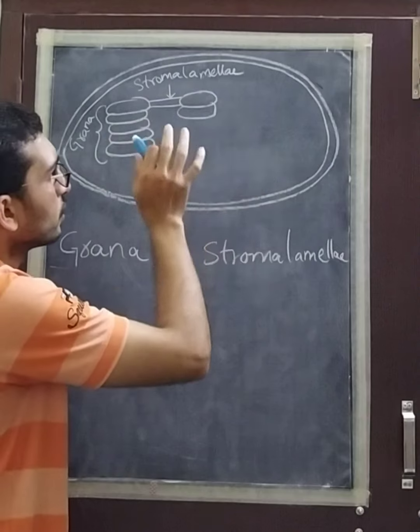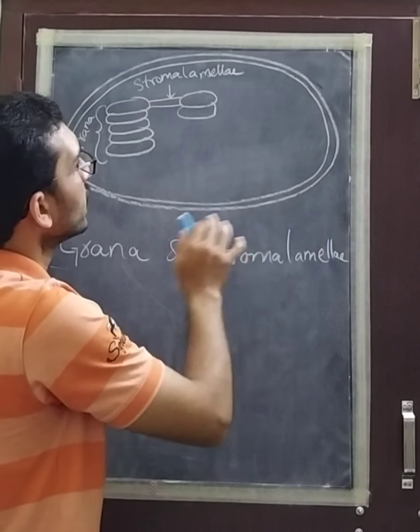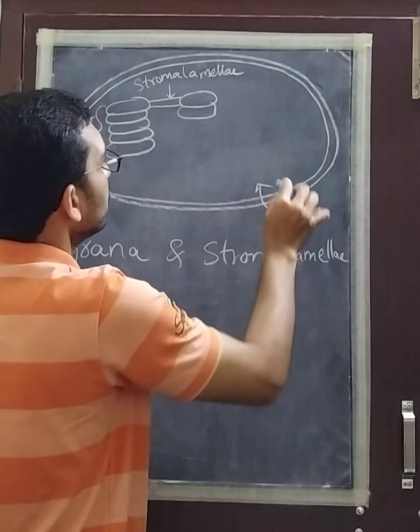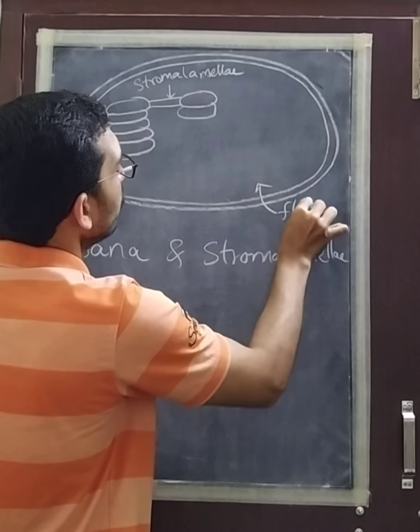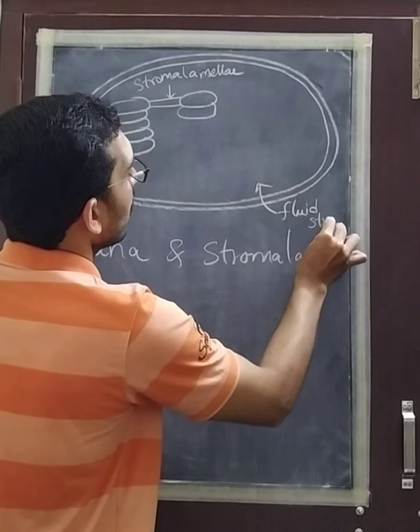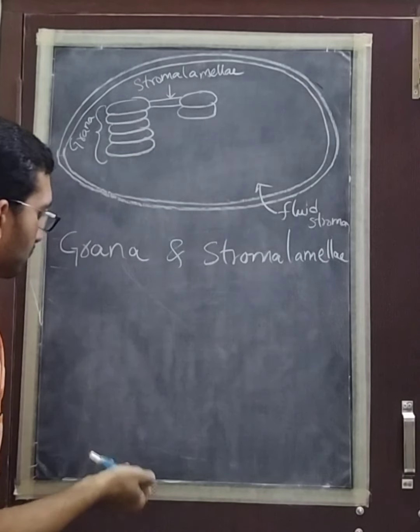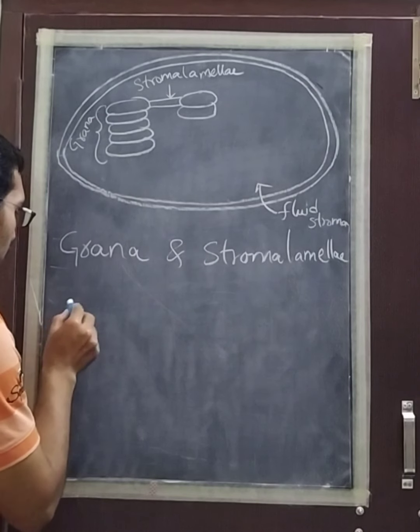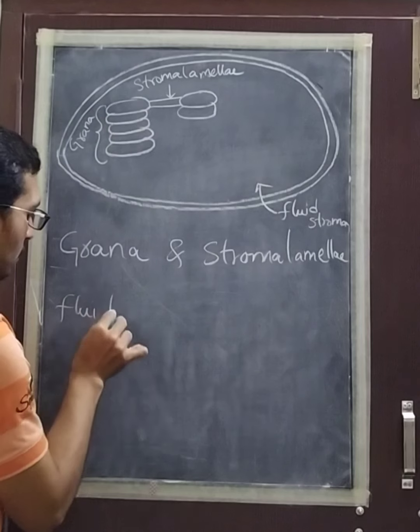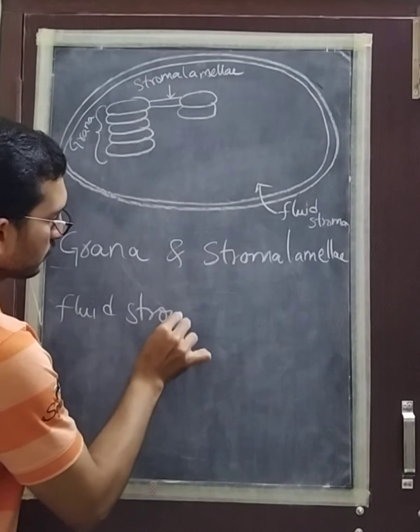Within the chloroplast you can also find a fluid, the stroma. So I will write here: fluid stroma.